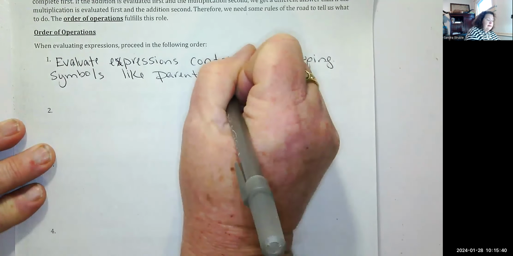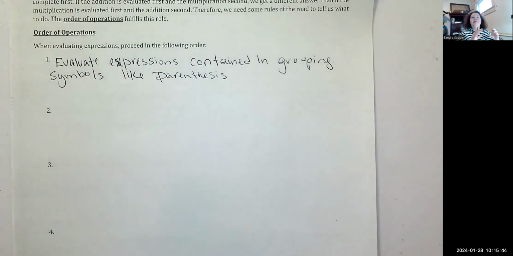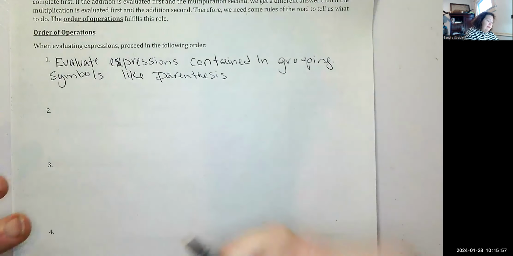We've got parentheses, we discussed this, I think it was day 1 even. We had brackets, absolute values, anything that contains terms, then you're going to do what's inside of there first.